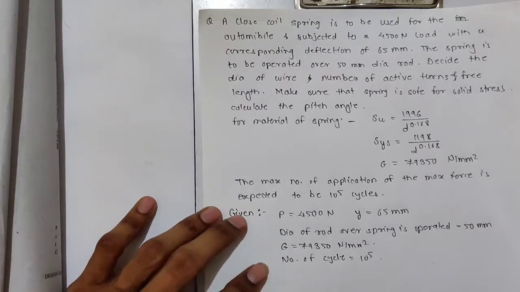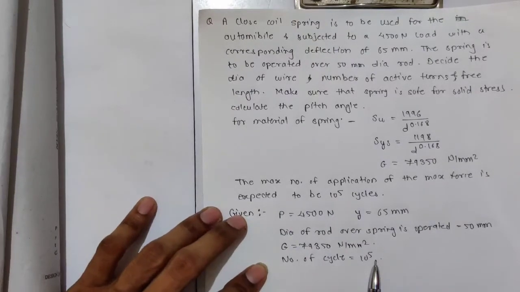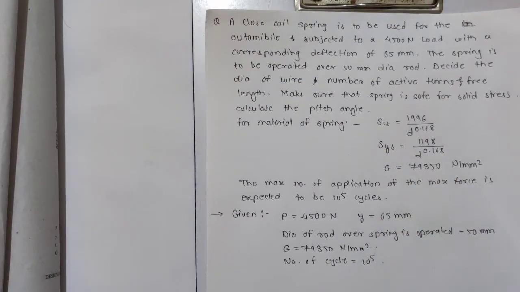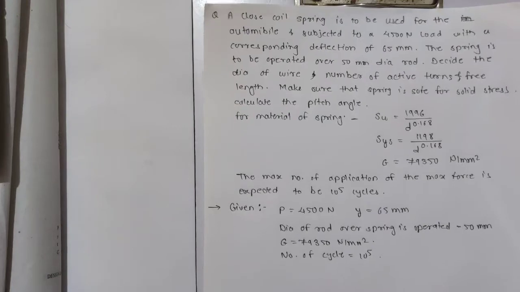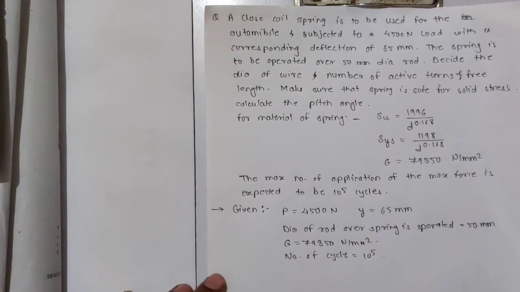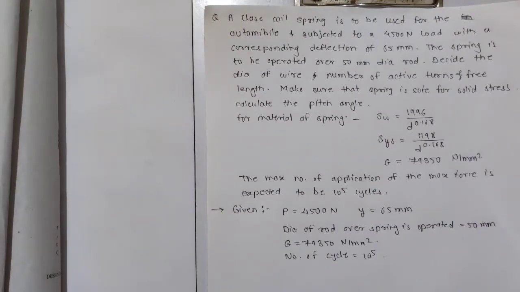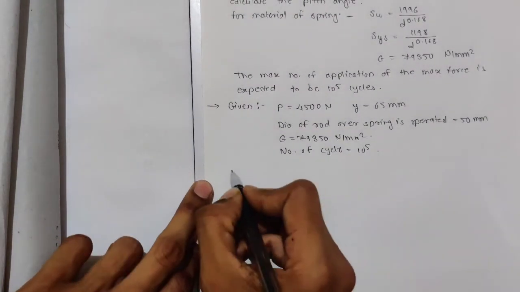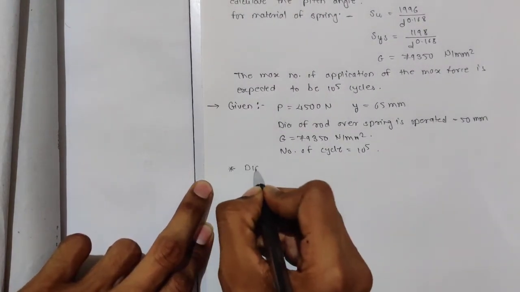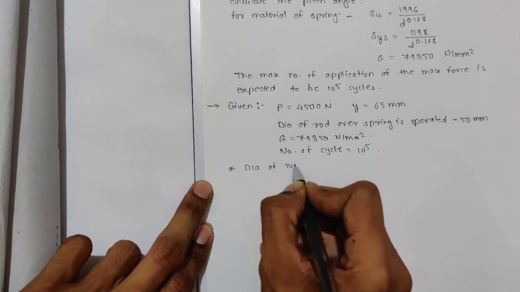Okay, so G is given and the number of cycles is 10⁵, and this term is also given. Now which term do we have to use? Okay, first we will select the number of cycles. According to that number of cycles we have to select the diameter of the wire. We will see how to select. Now first one is the diameter of wire.